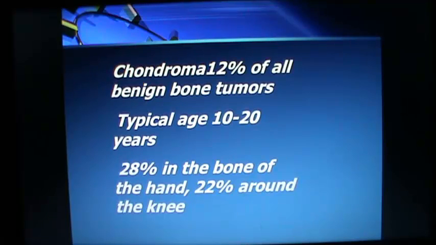Now, chondroma is another benign tumor, forming about 10 to 12% of all benign bony tumors, typically again between 10 and 20 years, and a lot of them occur in the hand or around the knee.